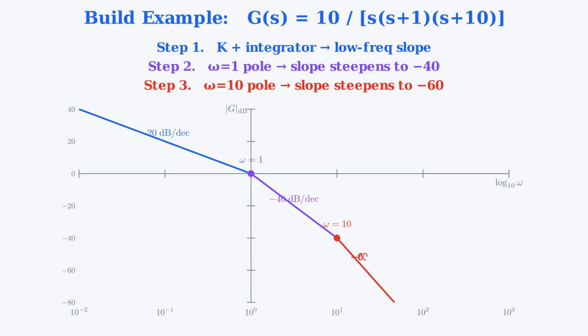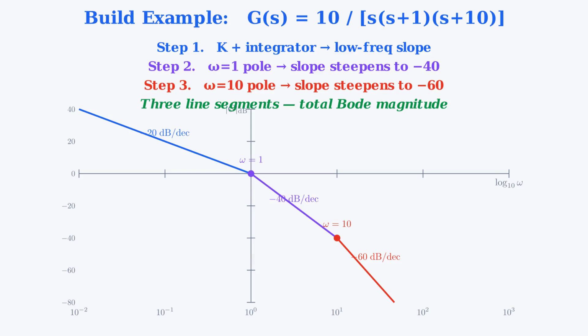So the low frequency asymptote is 20 minus 0 minus 20, plus the integrator's minus 20 log omega. Net low frequency line, minus 20 log omega, slope minus 20 dB per decade, passing through 0 dB at omega equals 1. Walk through the corners.